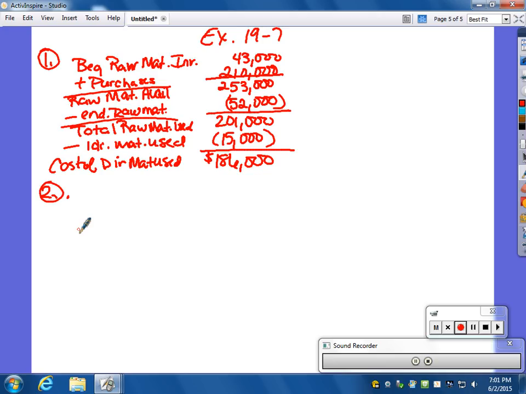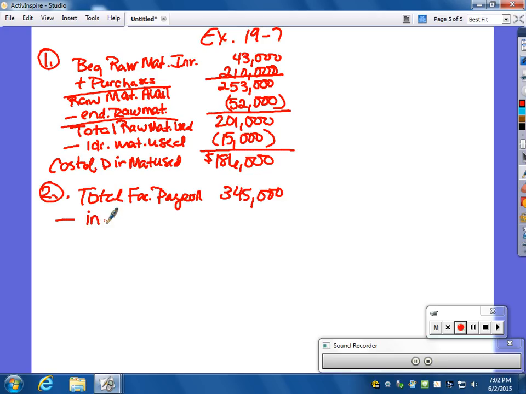We start with the total factory payroll, which is how much? 345,000.